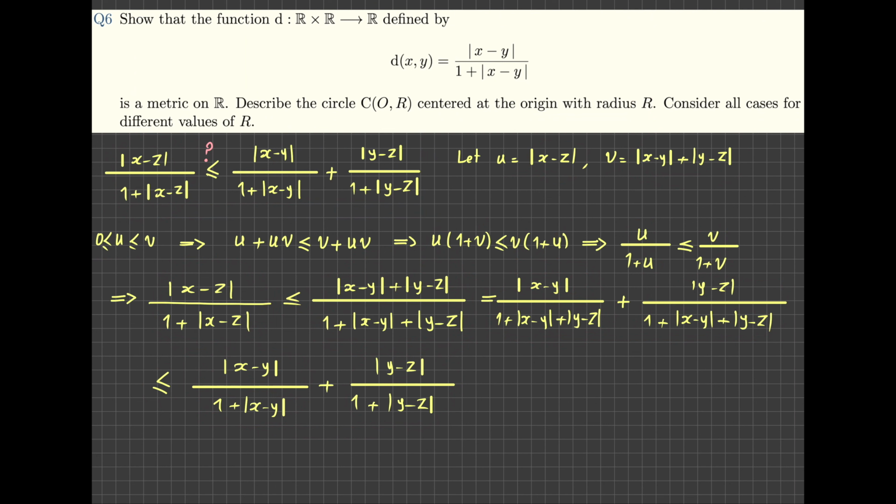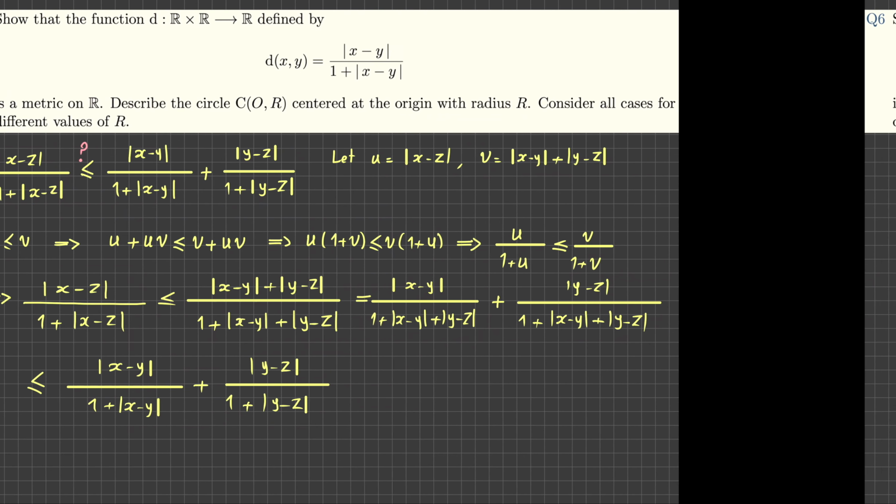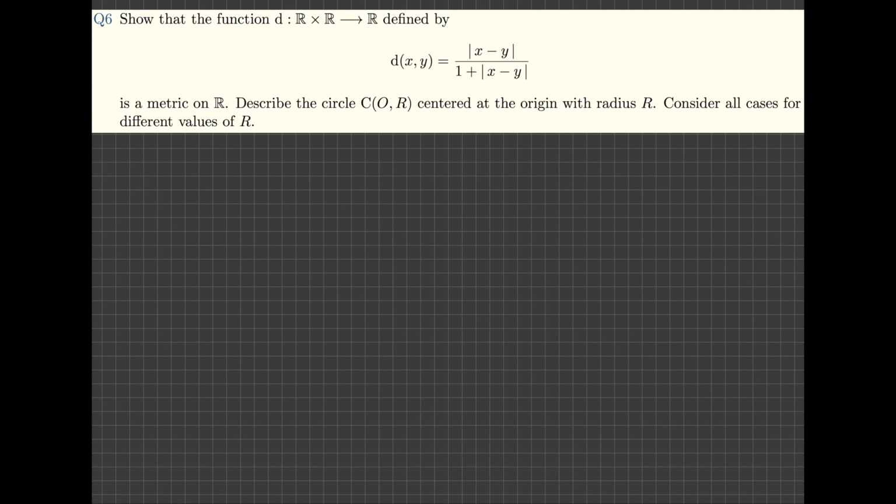Okay, so the first thing that I want to do is to write the definition of my circle. So the circle centered at O with some radius R is the set consisting of all real numbers x according to the definition of a circle we had in the lectures.